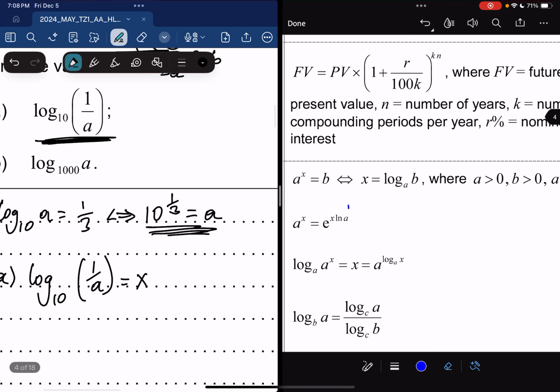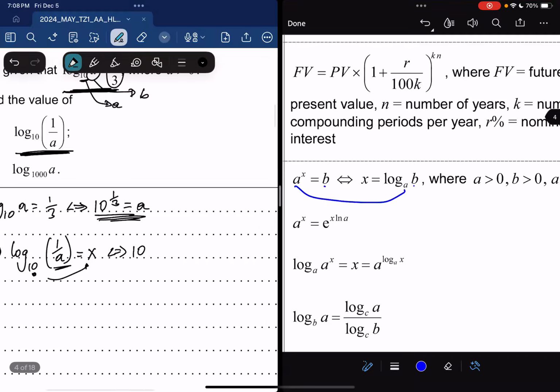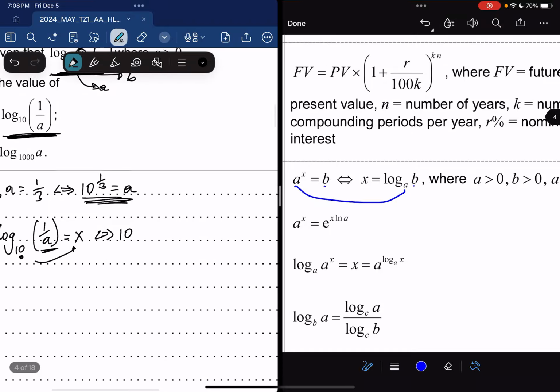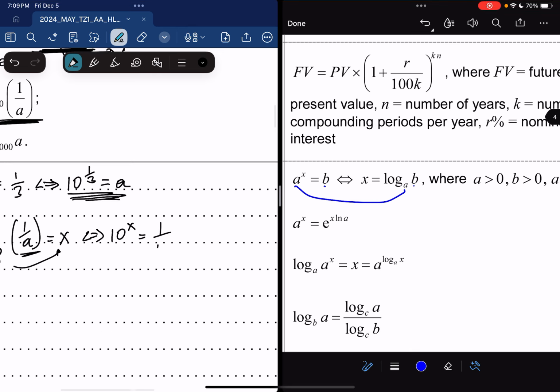So I'm going to write the equivalent again, which would be 10 coming from this base, and then my b is this 1 over a. Because I want a to the x, a to the x is equal to my b, which is 1 over a.